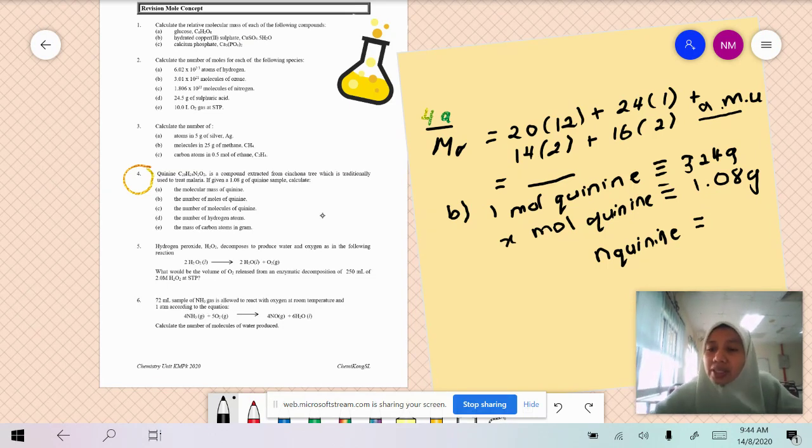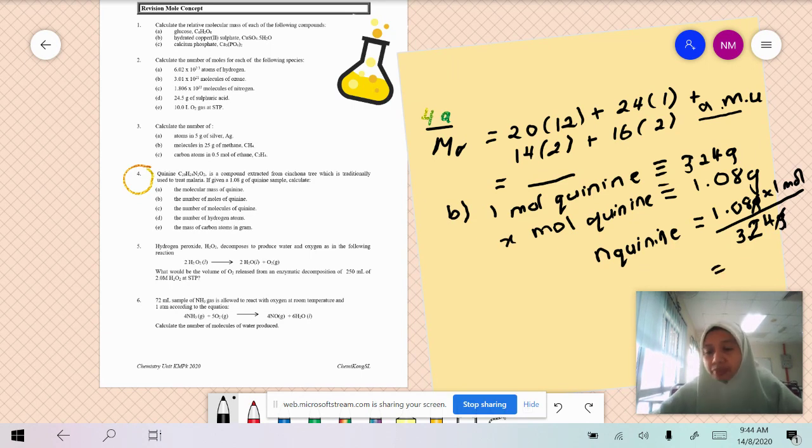I'll show you the example: 1.08 grams times 1 mole over 324 gram. You cancel out the unit of gram and you get the unit of mole.